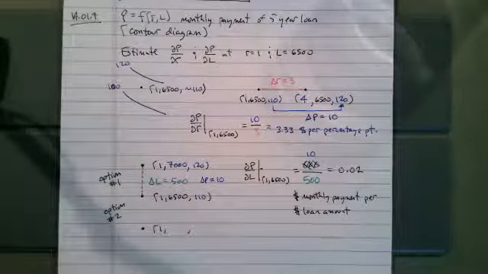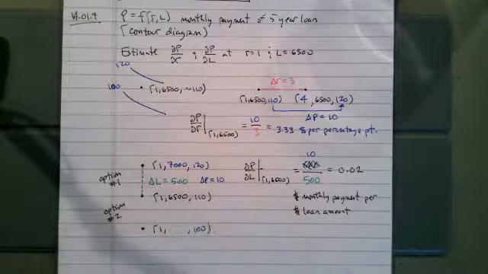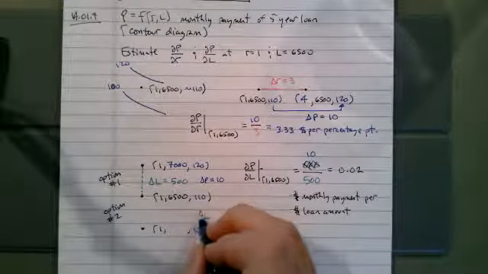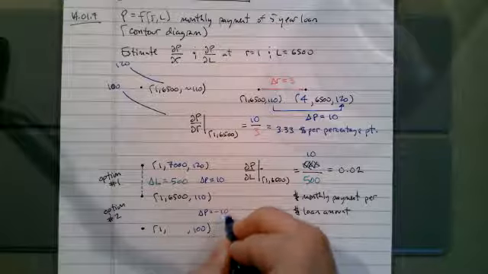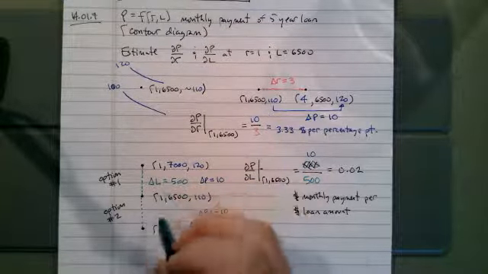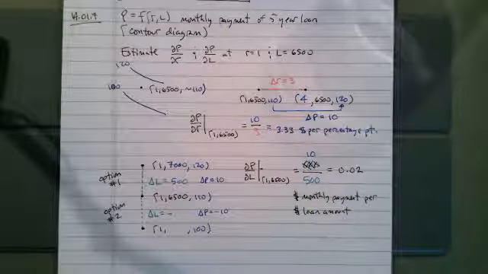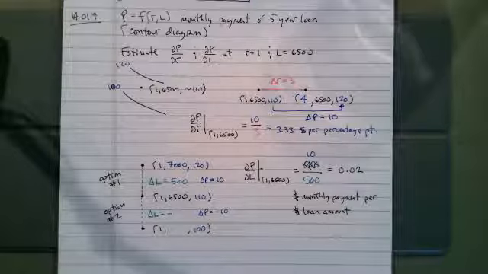We can aim for the 100 contour, in which case our change in P would be -10. But our change in L would also be negative. So then we would have to estimate where we're hitting the L axis. So it looks like a little bit less than 600.